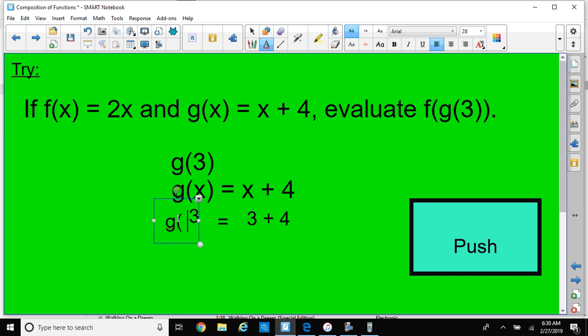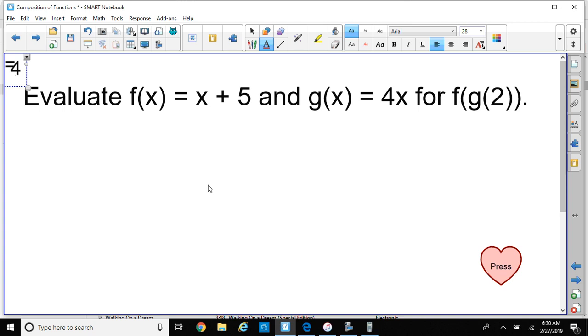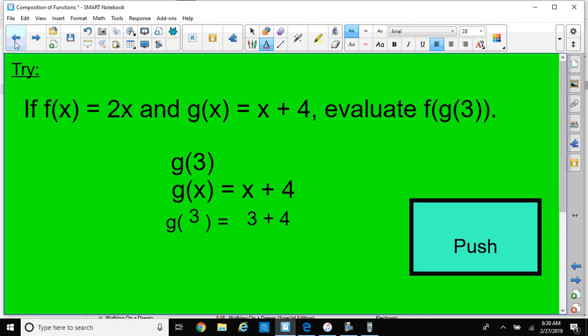So g of 3 is equal to 4 plus 3, or 3 plus 4, which is equal to 7.